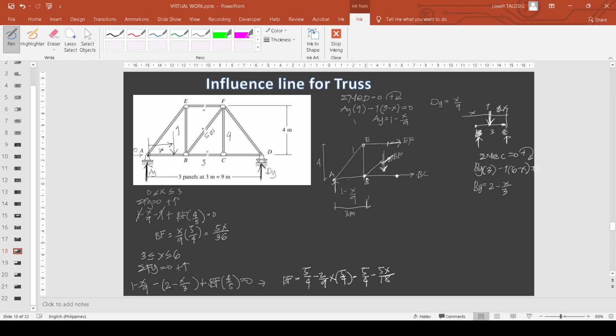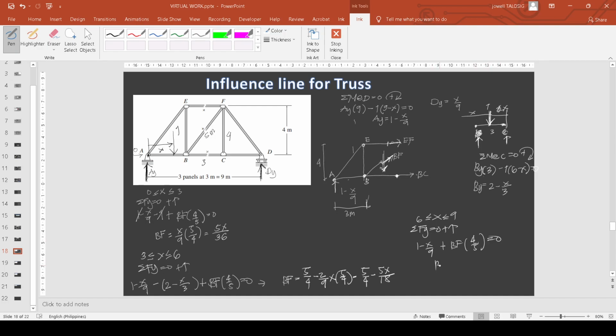So, summation forces lang tayo. This is when x is between 6 to 9. So, summation forces along y is equal to 0. Positive upward lang tayo dito. So, yun lang. 1 minus x over 9. So, plus bf 4 over 5 is equal to 0.